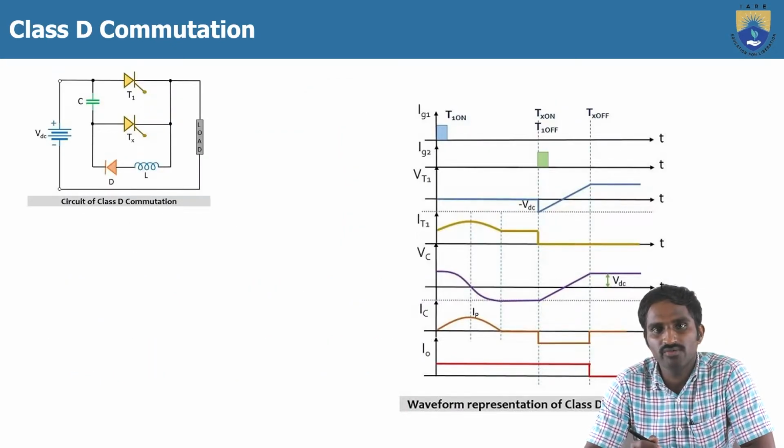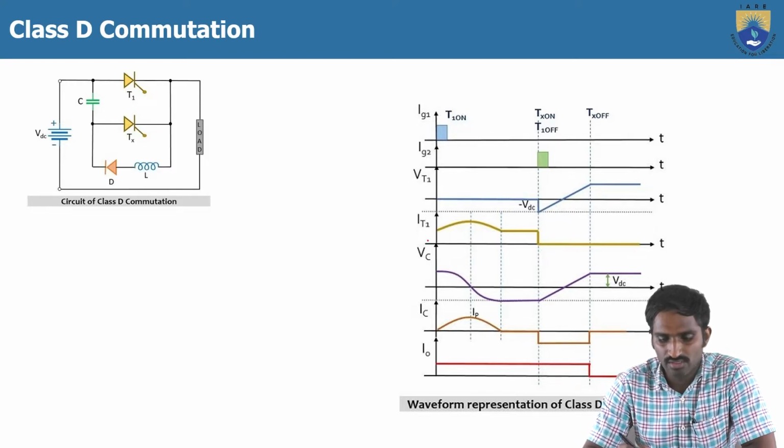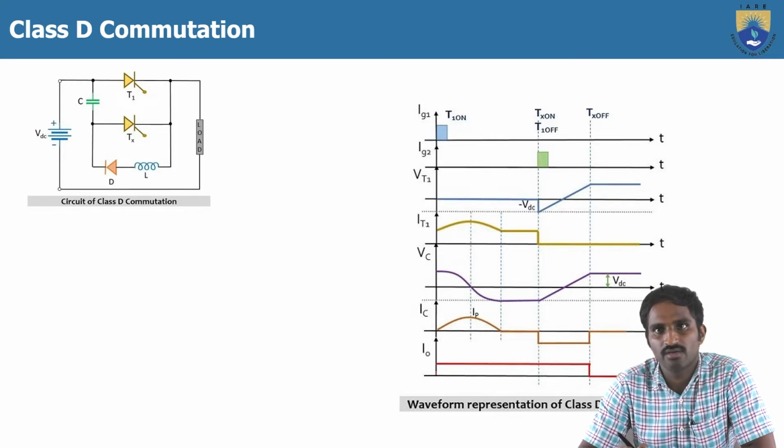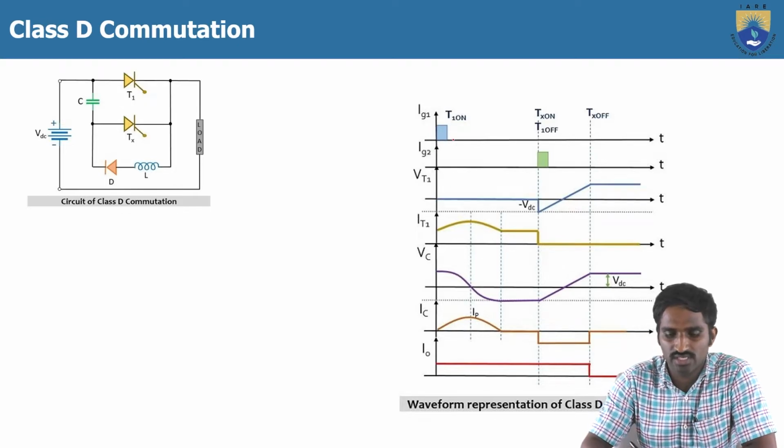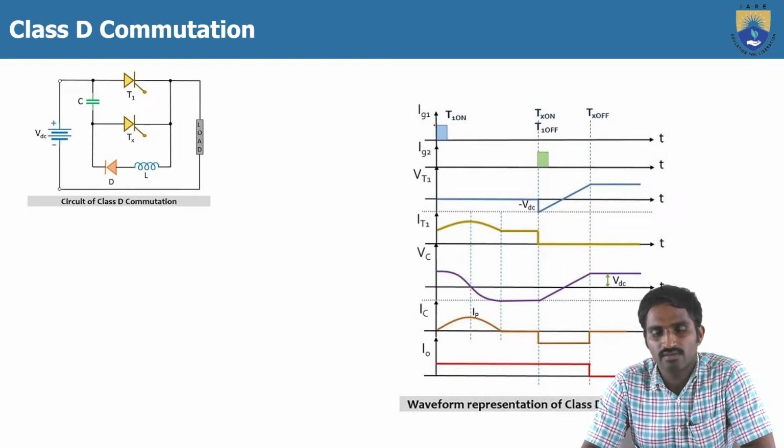And when coming to the waveforms in the class D commutation, here are the different parameters that we have considered. Ig1 is the gate signal for the thyristor T1, that is the main thyristor, and Ig2 is the gate signal for the auxiliary thyristor, that is Tx.